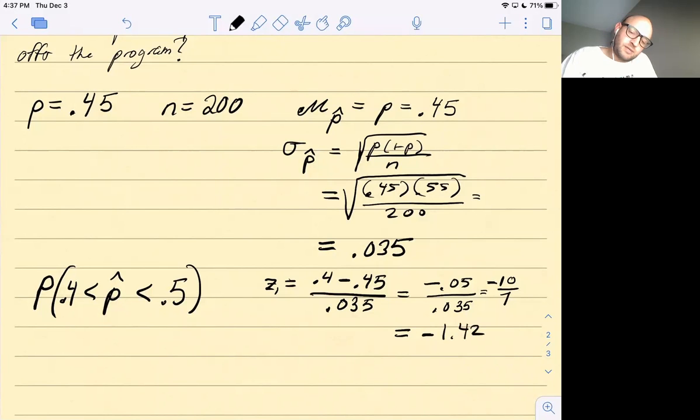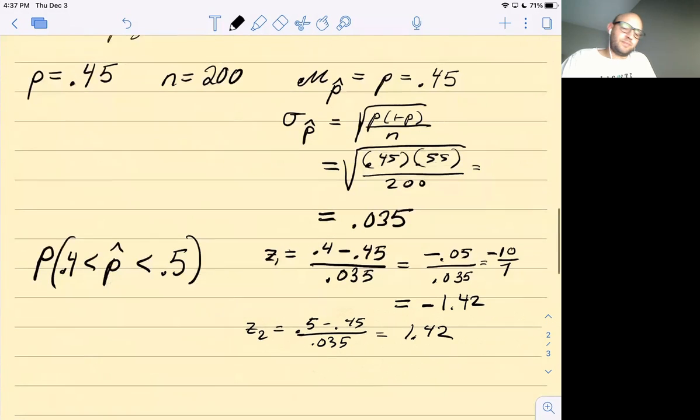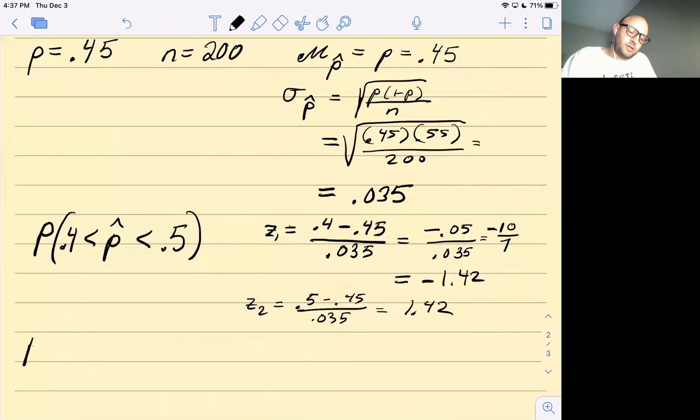And the second z value is the one related to the upper bound, 0.5 minus 0.45 over 0.035. And this is 1.42. It's just the opposite side. Okay, now we have a nice probability in terms of z-scores.